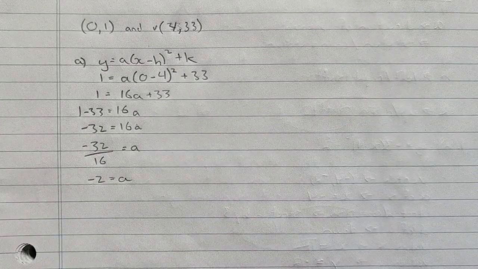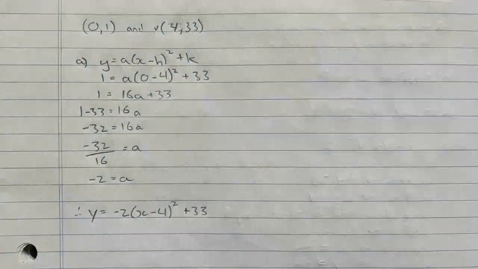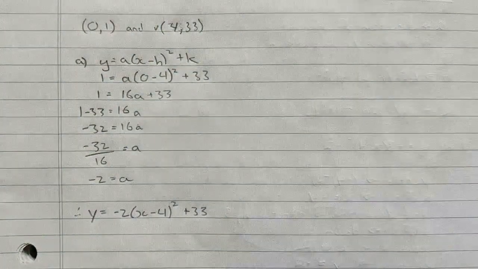And we're left with an a value of negative 2. Therefore, y equals negative 2(x minus 4) squared plus 33 would be the equation that models the situation.